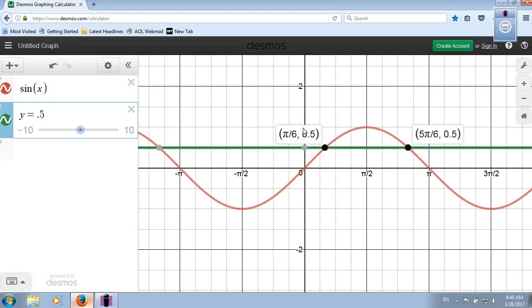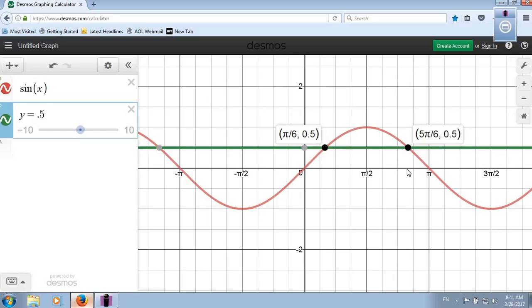What it means is that this sine function gives me outputs that are not unique to its input. Let me explain what I mean by that. That means for different inputs, I can have the same output. So if I put in pi over 6, I get 0.5 as my output.